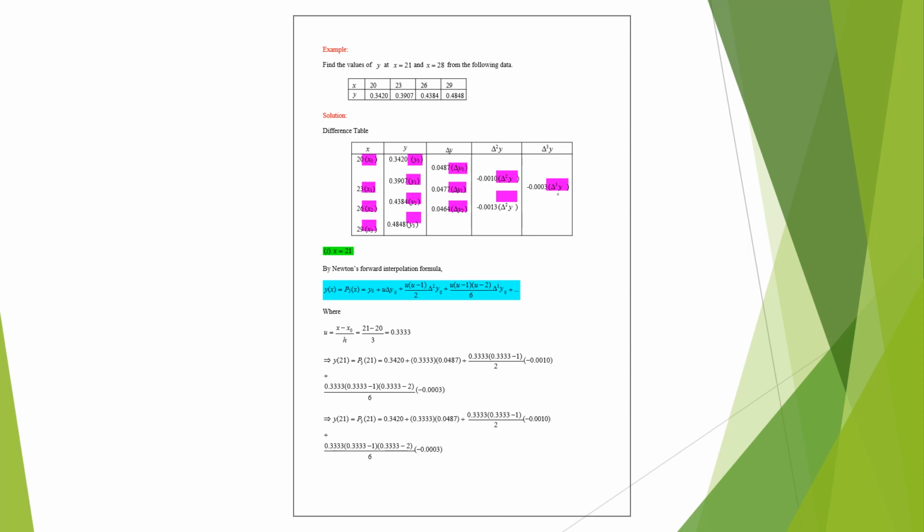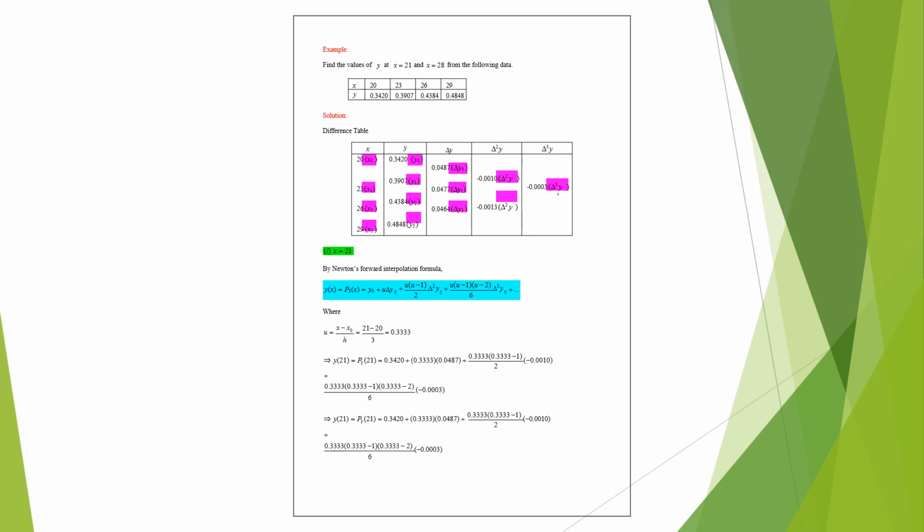So here we substitute all the values in Newton's forward interpolation formula. Here u value is 0.333 and y naught value is 0.3420 and delta y naught value is 0.0487 and delta square y naught is minus 0.0010 and delta cube y naught is minus 0.0003.